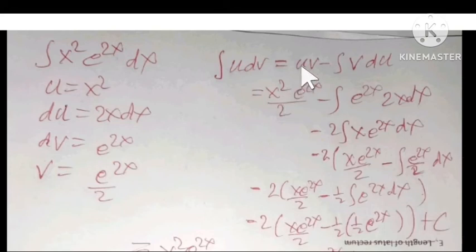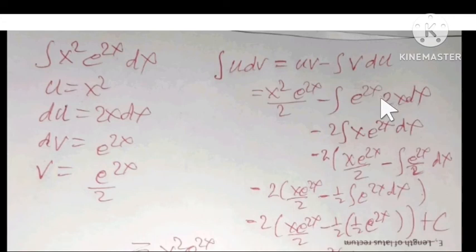So u times v: u is x squared times v, which is e to the power of 2x over 2, minus v, which is e to the power of 2x over 2, times du, 2x dx. Du is substituted by 2x dx.